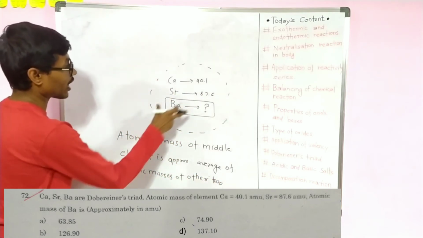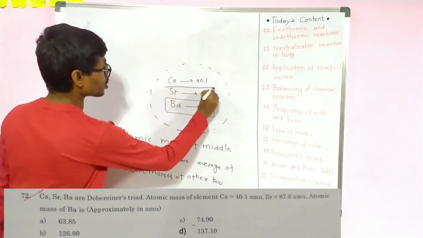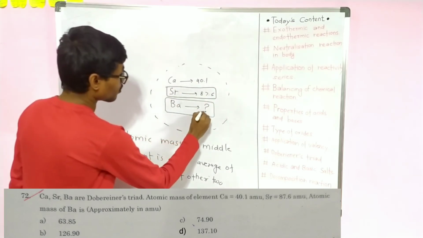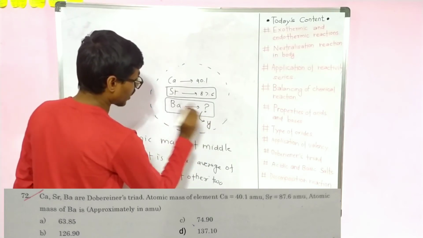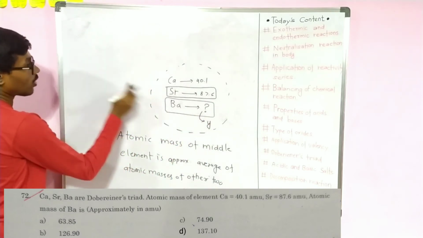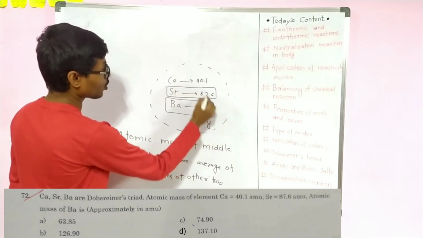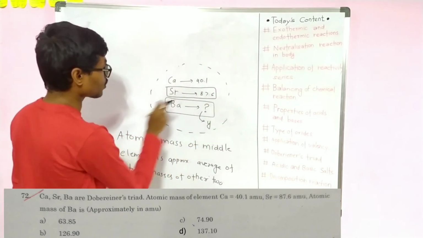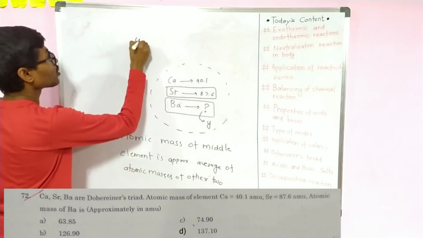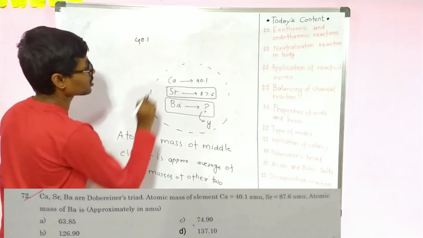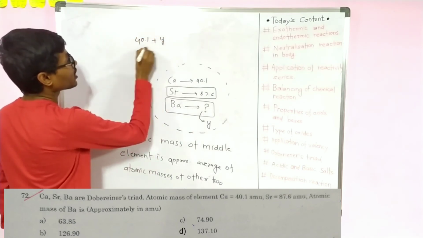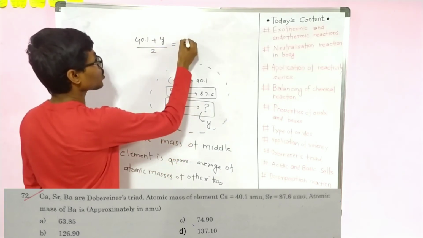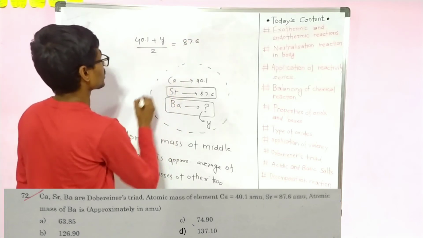Now here the middle element is strontium. So suppose atomic mass of barium be Y. So average of 40.1 and Y should be approximately equal to 87.6. So 40.1 plus Y divided by 2 should be approximately equal to 87.6.